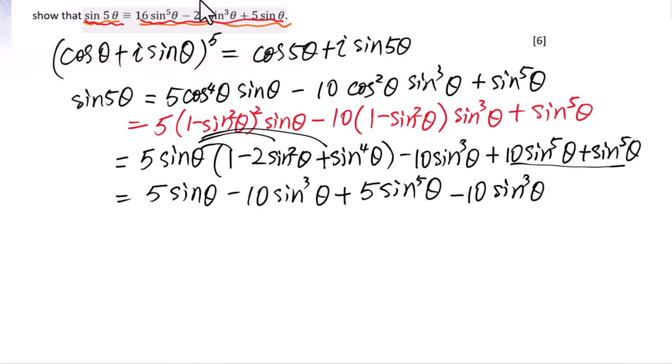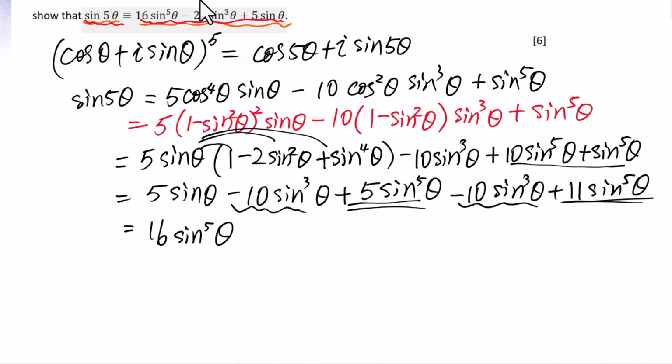Combine like terms, and we got 16 sin^5 θ minus 20 sin^3 θ plus 5 sin θ.